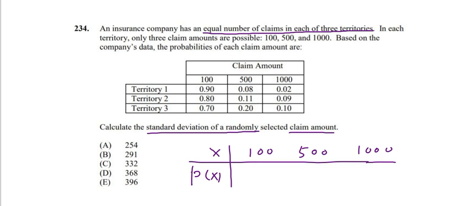So this is just equal to 0.8. And then this is just the average for this. So 0.008 plus 11 plus 20, so here is 39, right? So the average equals this.